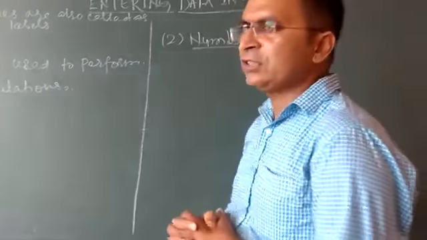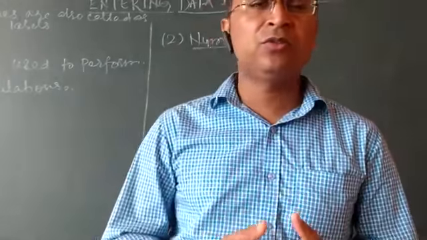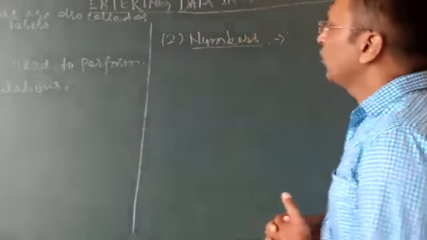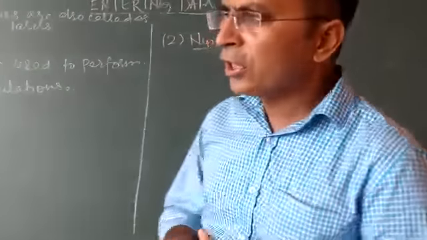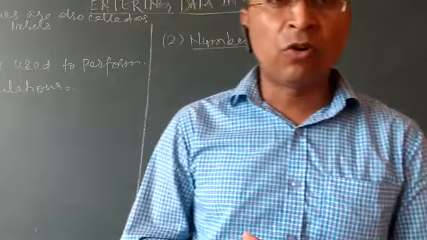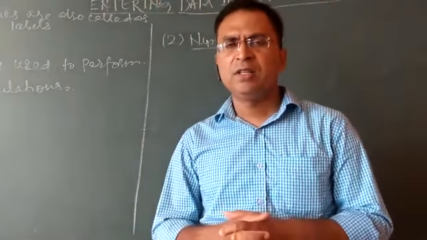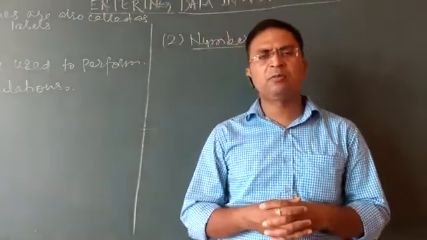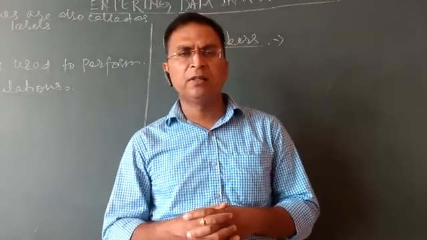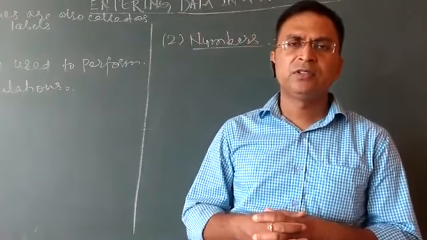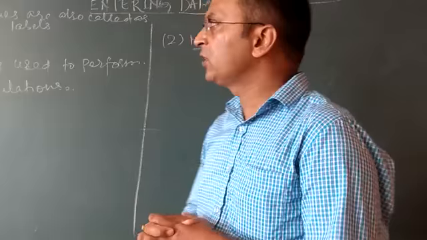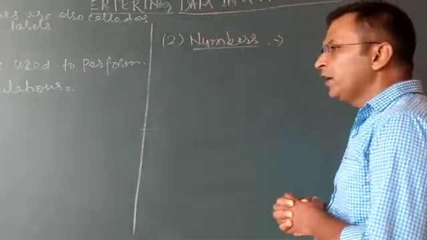In text, the values we provide in a table are also called labels. What the user provides as values to the table are known as labels. Texts are also known as labels.